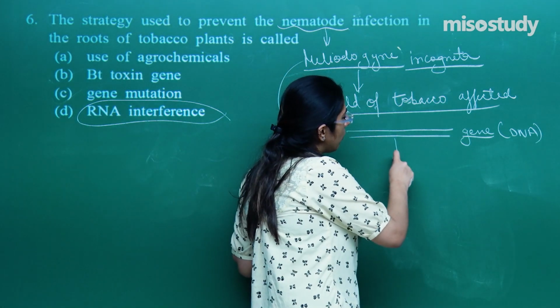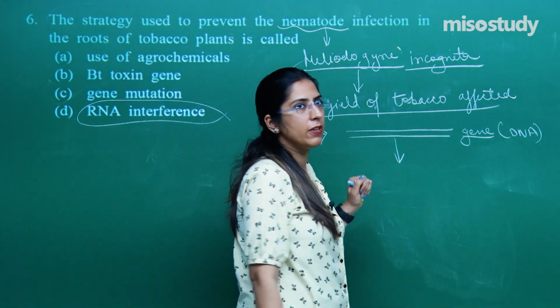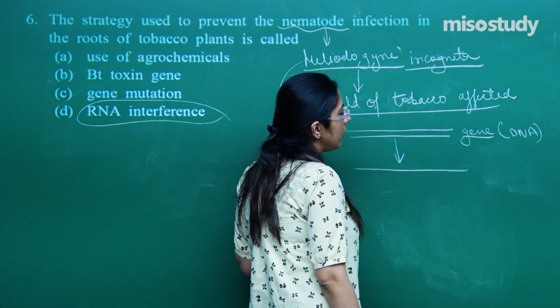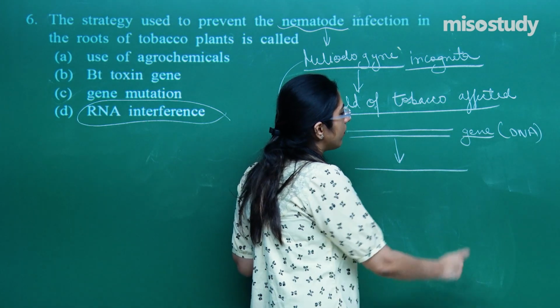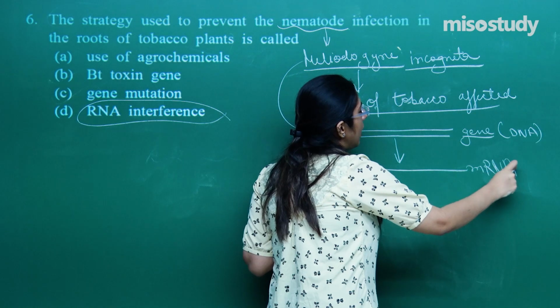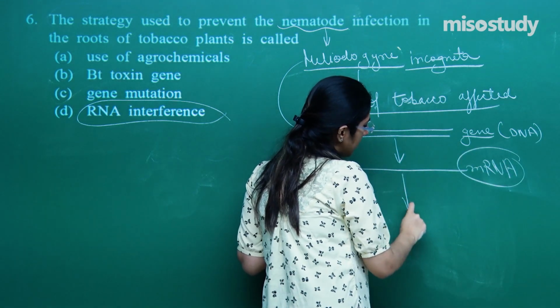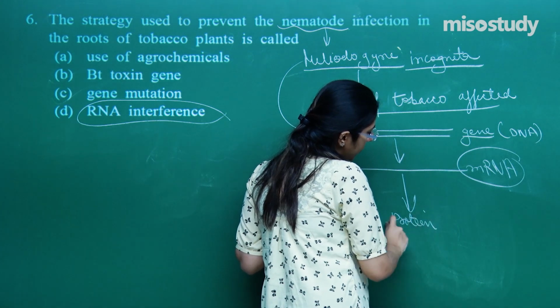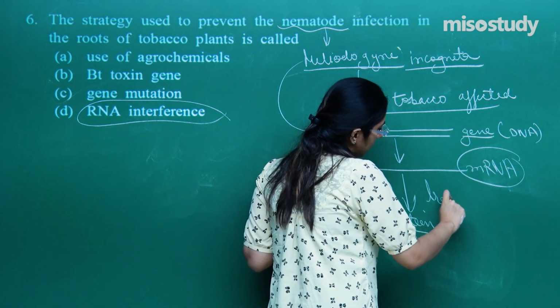In the transcription process, the gene for the endotoxin, the DNA, codes for one mRNA. With the help of this mRNA, protein is produced, and the process of producing protein is called translation.